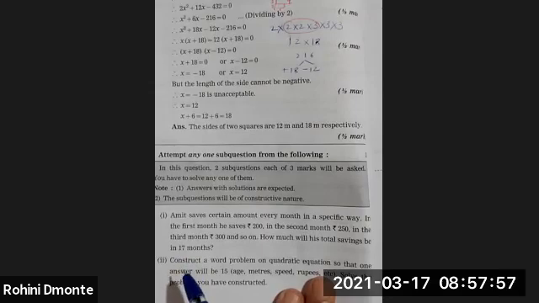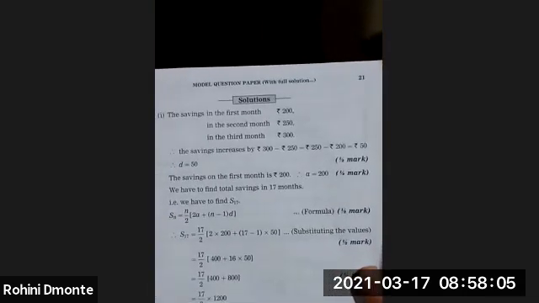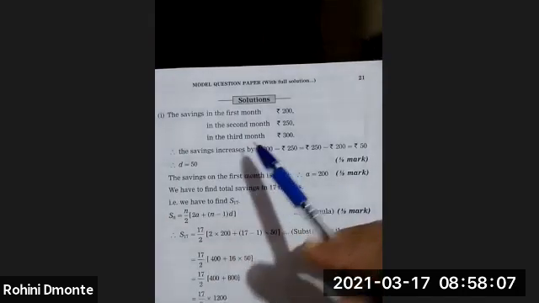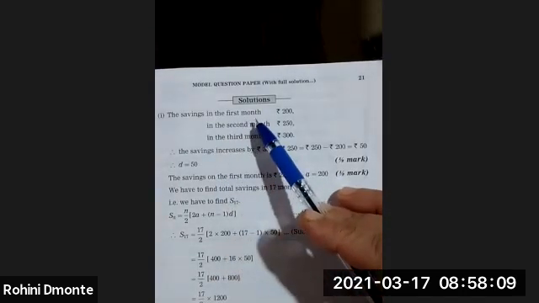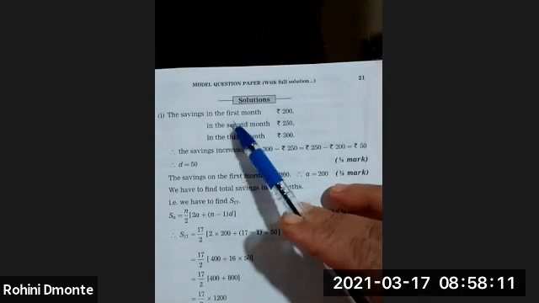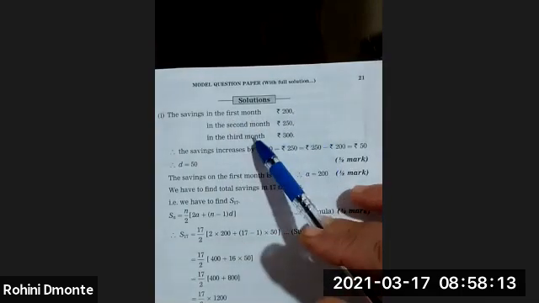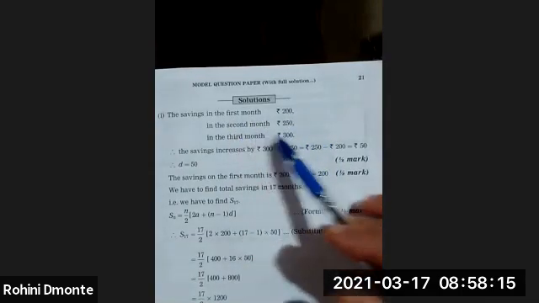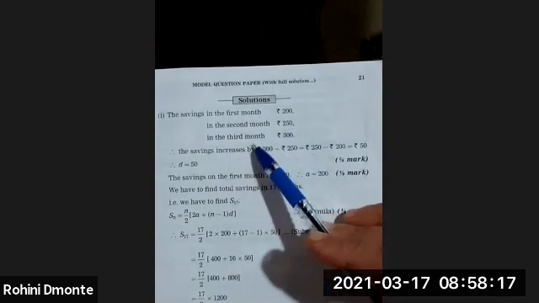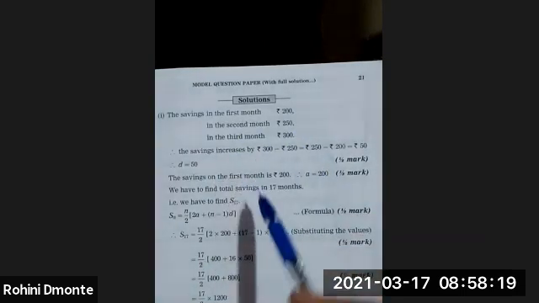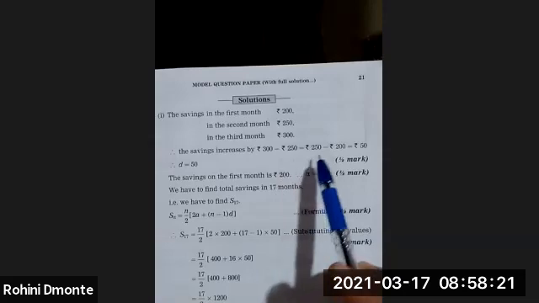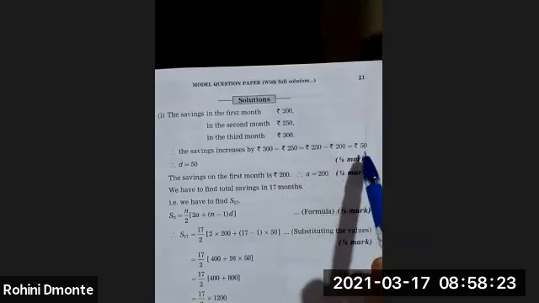Okay, now let us discuss this sum. Look here, the savings in the first month. Amit saves in the first month rupees 200. In the second month, his savings are 250. And in the third month, 300. Like this, every month his savings increase by 50.